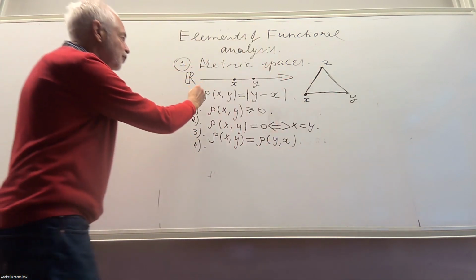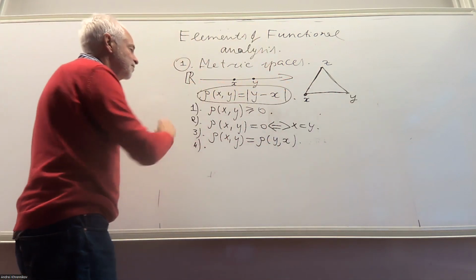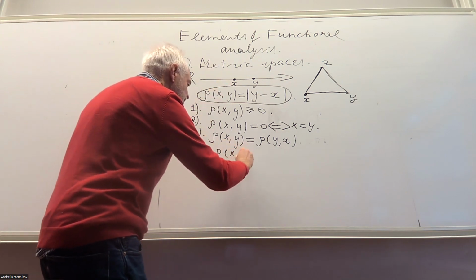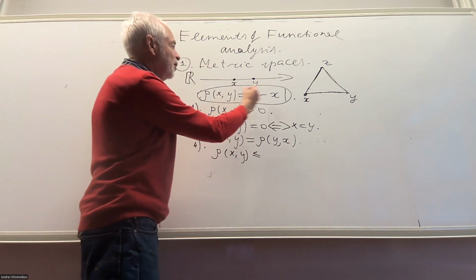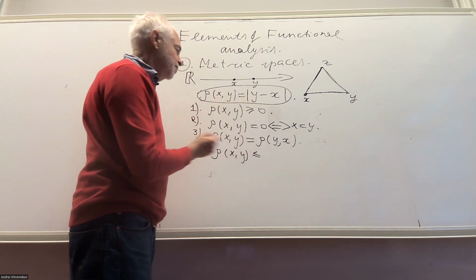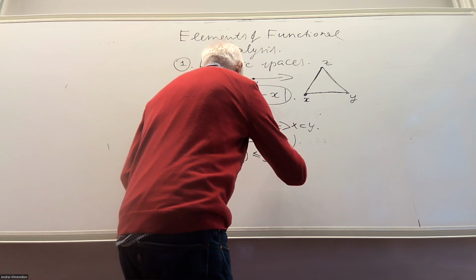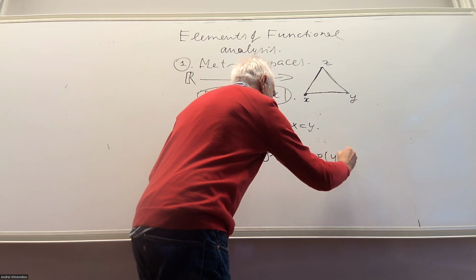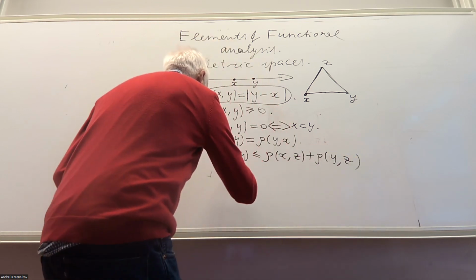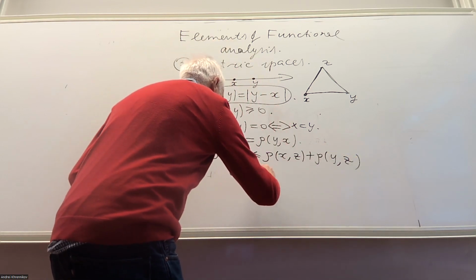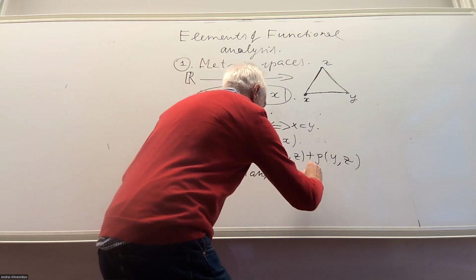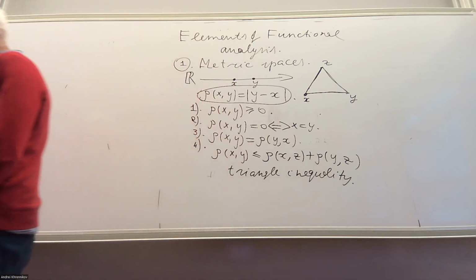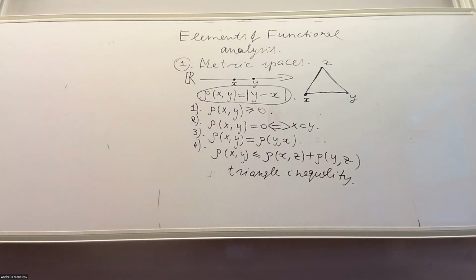The same can be proved for this one-dimensional case with absolute value, just by opening the absolute value and considering different cases: rho(x, y) is less or equal than rho(x, z) plus rho(z, y). Triangle inequality. So these are the properties of distance on the real line.